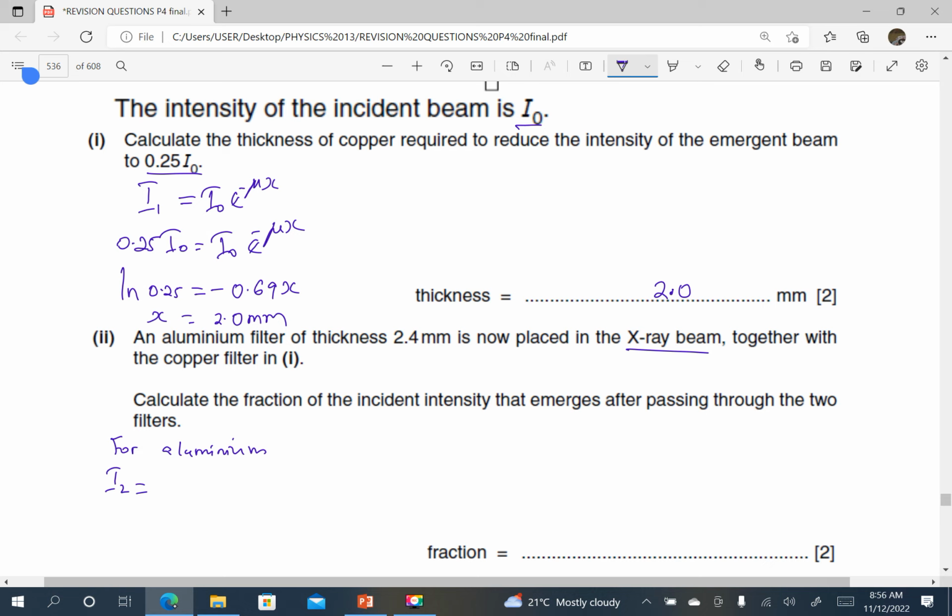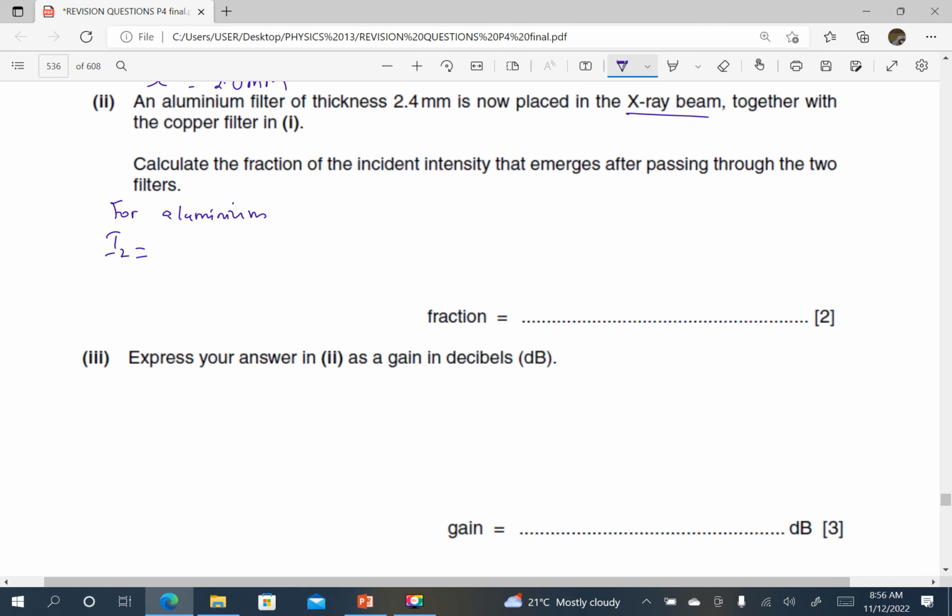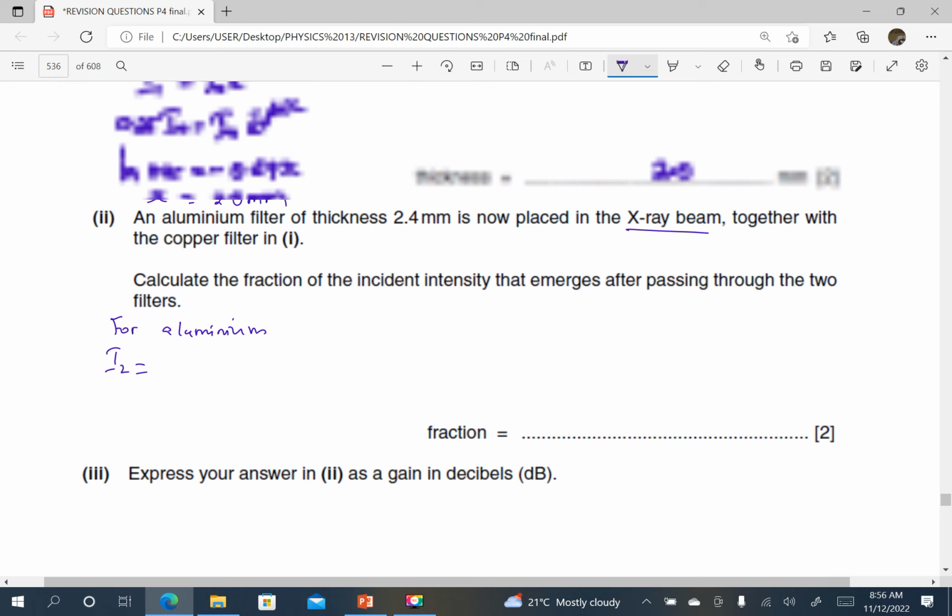Okay, it's only that it's not showing where it is placed, but let's place this after copper. So an aluminium filter is placed after copper. It means what is incident on the aluminium is what is leaving copper. So I2 is going to be equal to I1 e power negative mu times x.